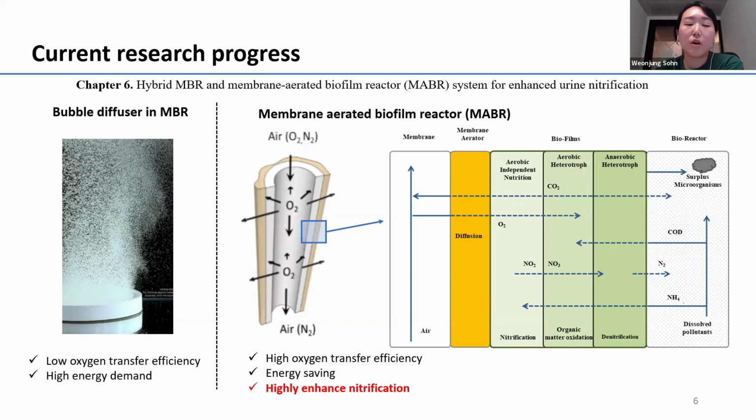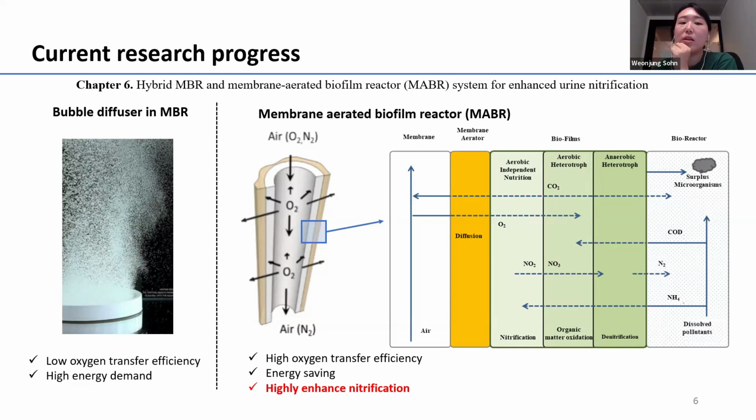But I'm trying to apply this MABR, where the aerator is a hollow fiber membrane. So it doesn't have very large bubbles. It just diffuses oxygen through the membrane and tries to form a biofilm on the membrane. So it has higher oxygen transfer efficiency.